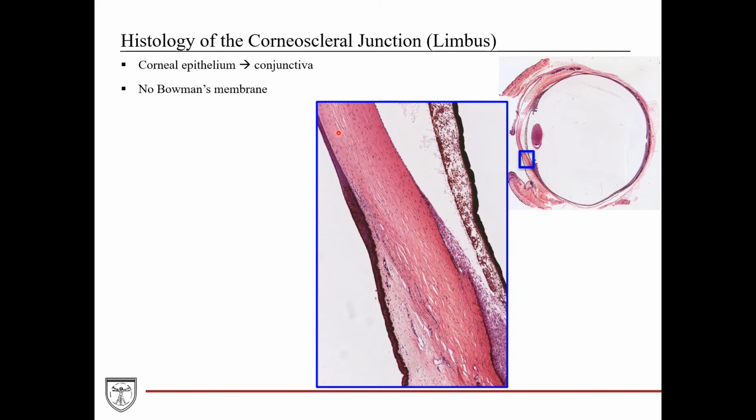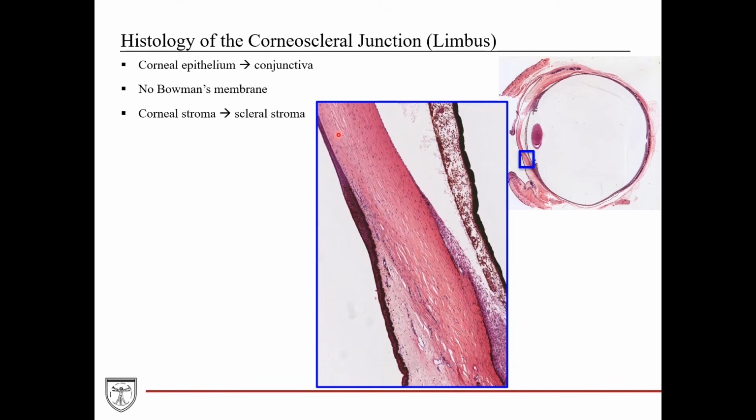Beneath the corneal epithelium, there's a Bowman's membrane, that thickened, specialized basement membrane. This membrane kind of degenerates or becomes thinner and becomes kind of a regular basement membrane underneath the conjunctival epithelium.